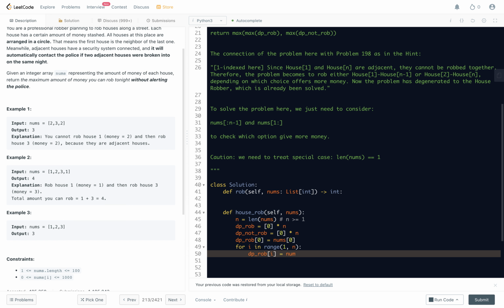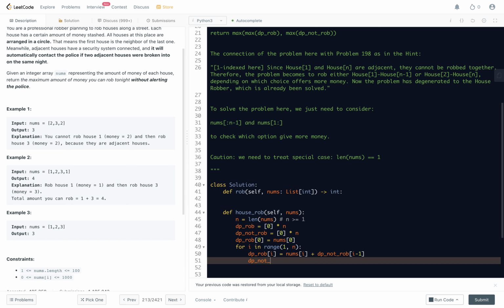First we're going to update dp rob i. This is going to be nums i plus dp not rob i-1, because if we rob house i, we cannot rob the previous adjacent house.